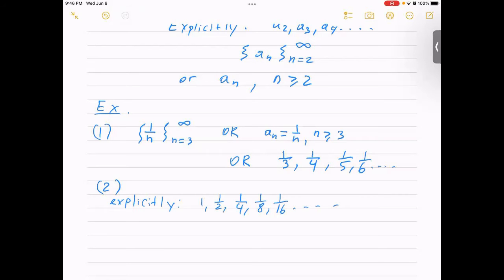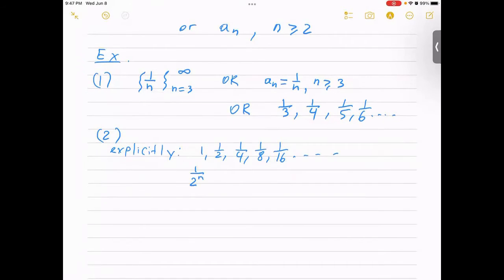Now I want to write that down in 2 ways. But you notice here we divided by power of 2. So if we're trying to guess, then the formula is going to look like 1 over 2 to n. And the very first time we start dividing by 1 over 2 to 0, which is 1 over 1.